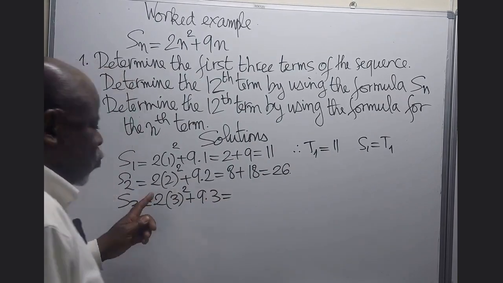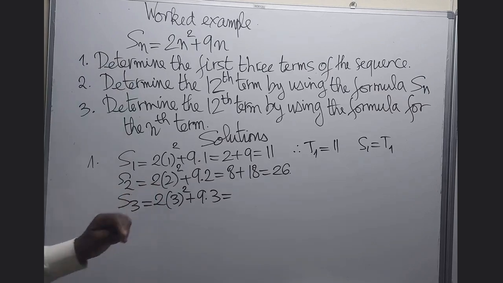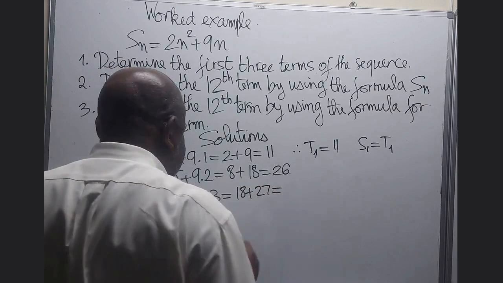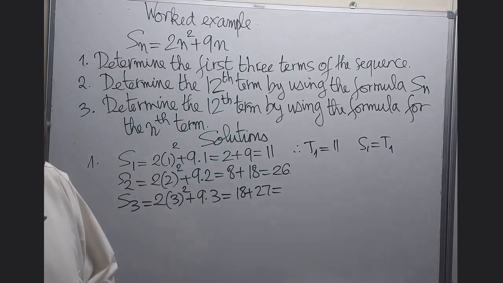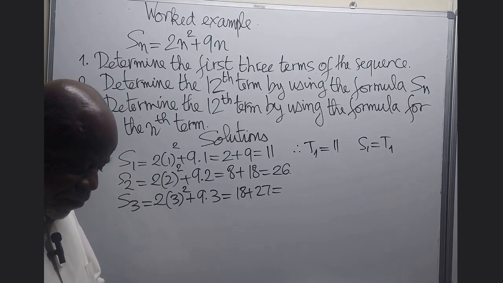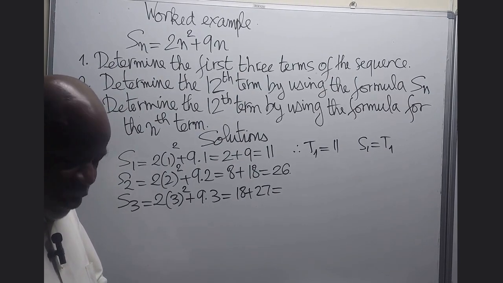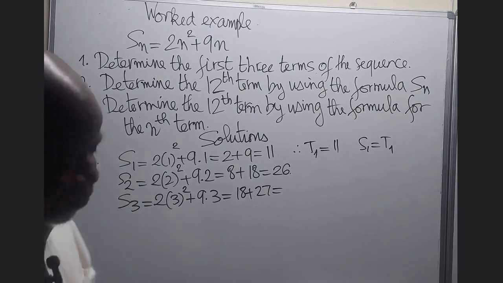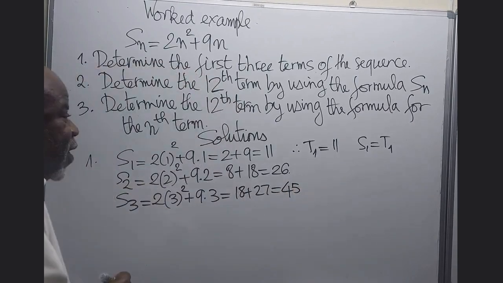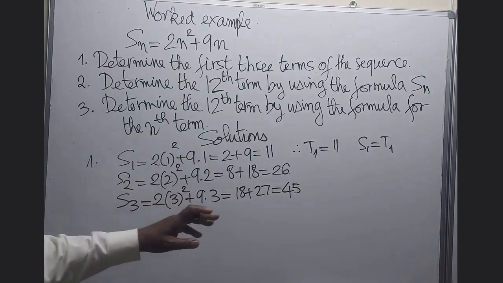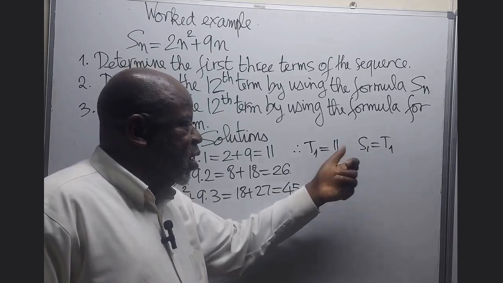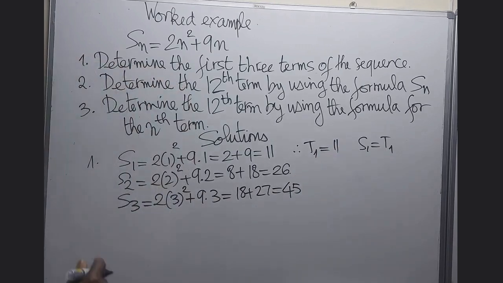Then we'll have 3 squared is 9, times 2 is 18, plus 27. 18 plus 27, then we're getting 45.